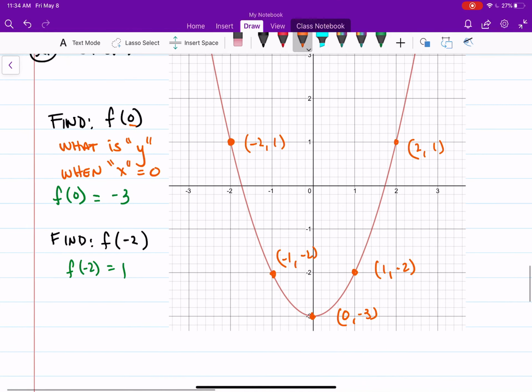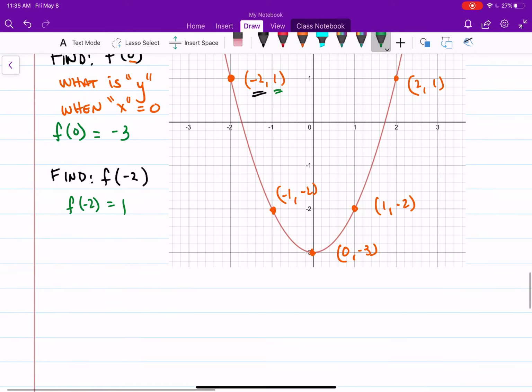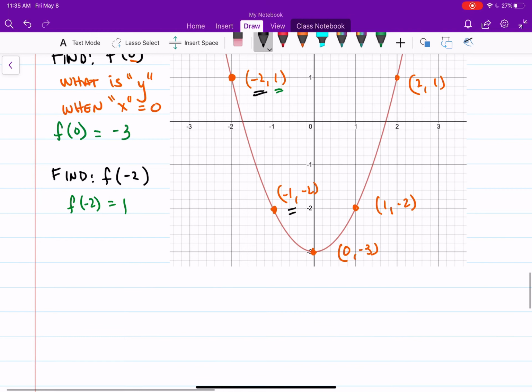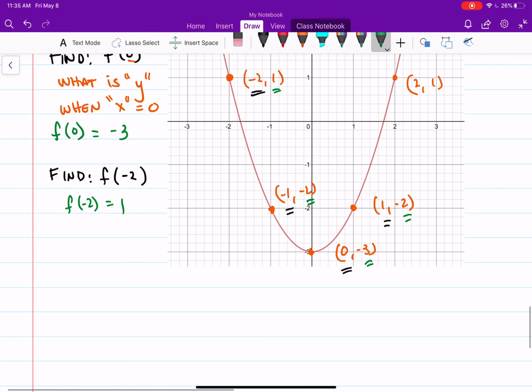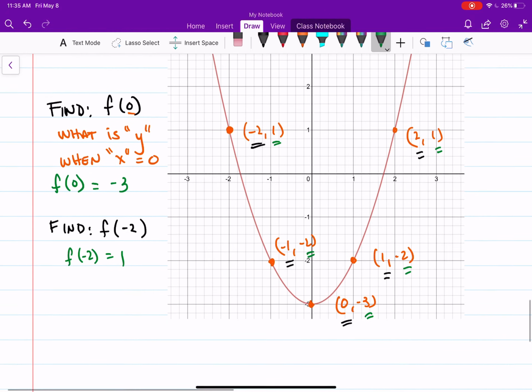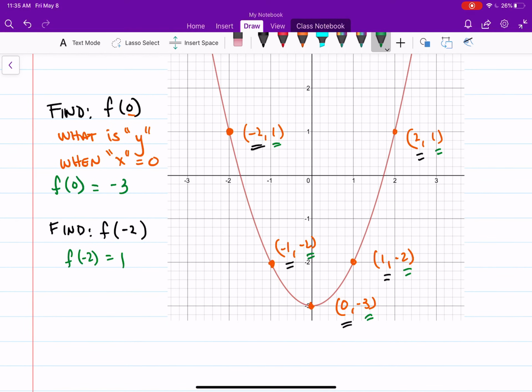Now you know that f of -2 is 1. F of -1 is -2. F of 0 is -3. F of 1 is -2. F of 2 is 1. Okay? So that is something else you could do as well.